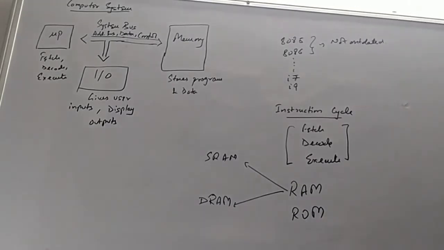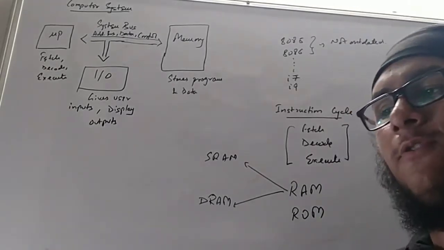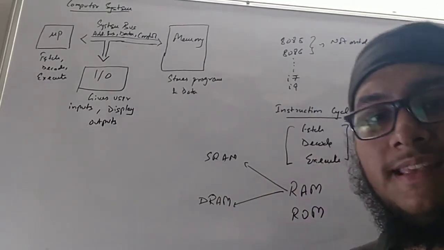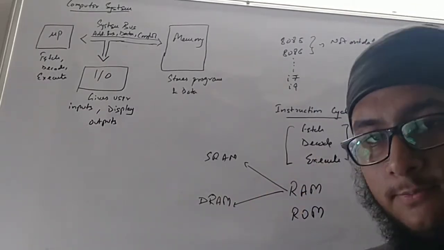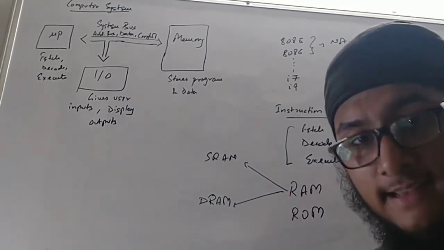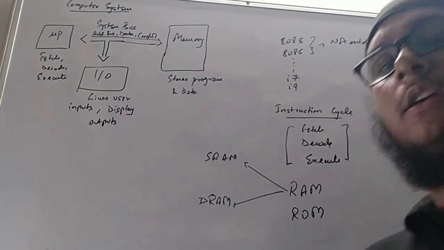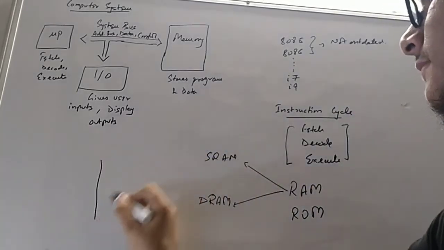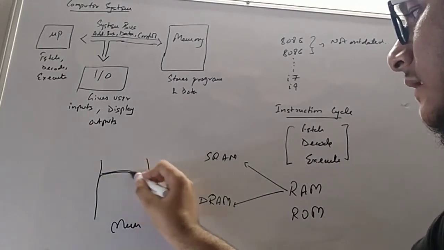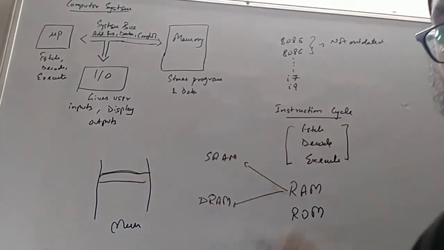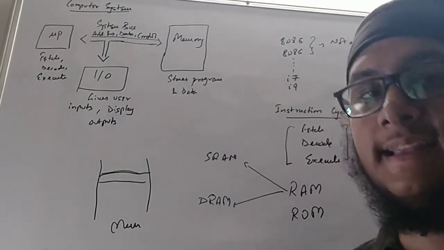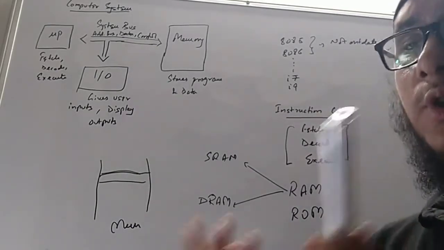Memory is a series of locations. Each location is identified by its own unique address. You need to understand that. Suppose we have this as a memory: it has various locations, and each location is referred to by its own unique address.